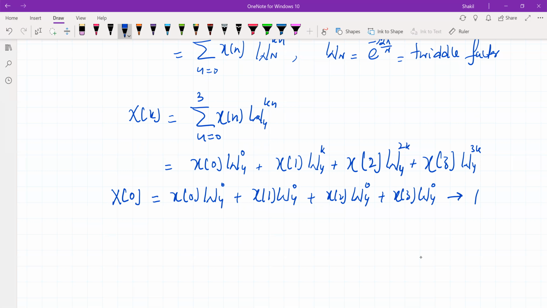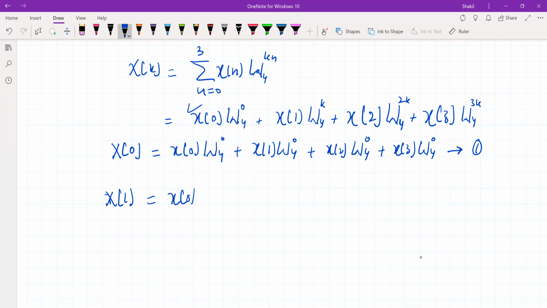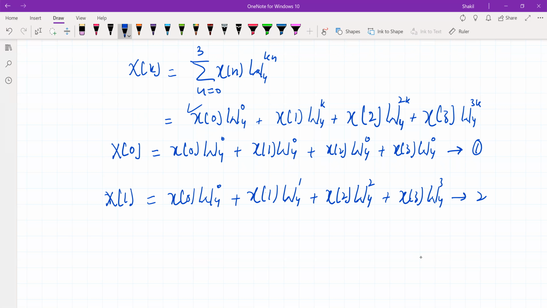This is our expression 1. Now put k equal to 1. This will be x of 0 W4 to the power 0, x of 1 W4 to the power 1, x of 2 W4 to the power 2, x of 3 W4 to the power 3, since k is 1. So this is the second expression.